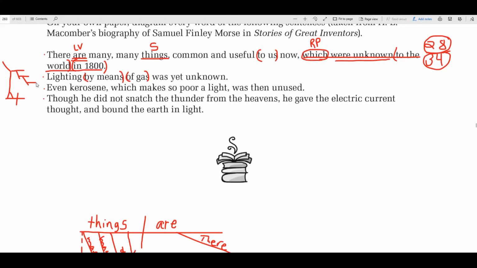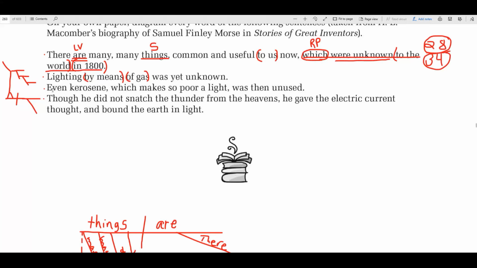So this will be the actual subject part, all of this here. And then was unknown is your verb, and that's going to go here. Now, yet is an adverb that tells when, and it would just go like that. So this will be what this is.